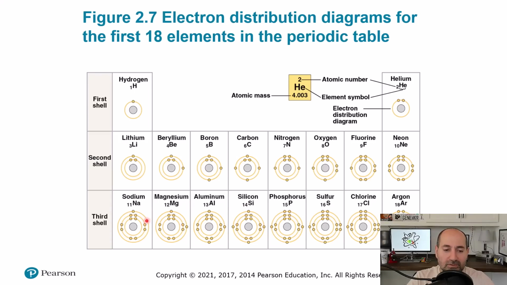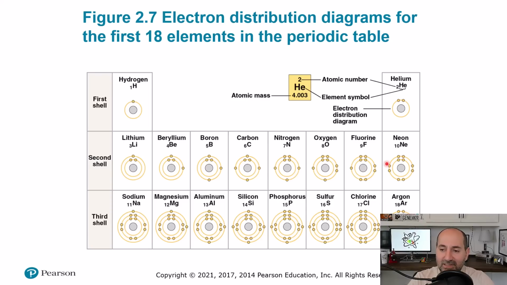There are 4 more orbitals in the third shell because the third shell possesses another large spherical orbital and 3 more p orbitals. So how many total electrons can exist in the third shell? That's right, 8 more electrons. So argon has 8 valence electrons.